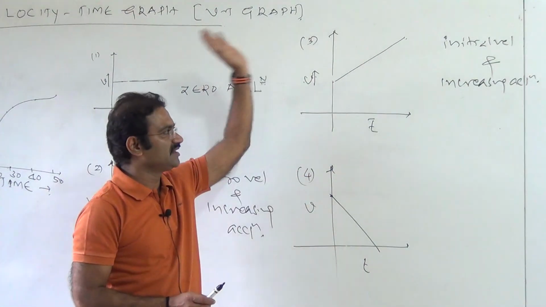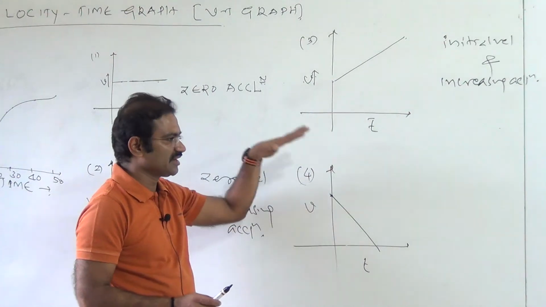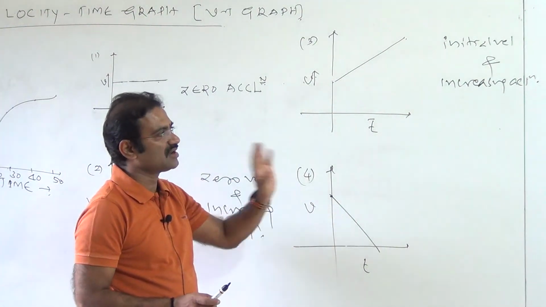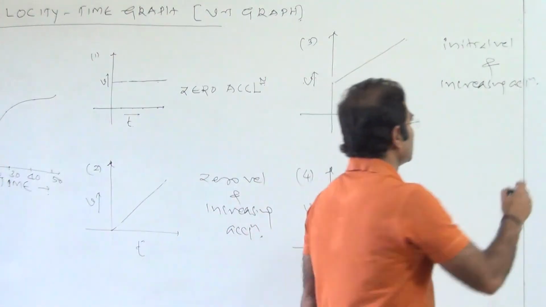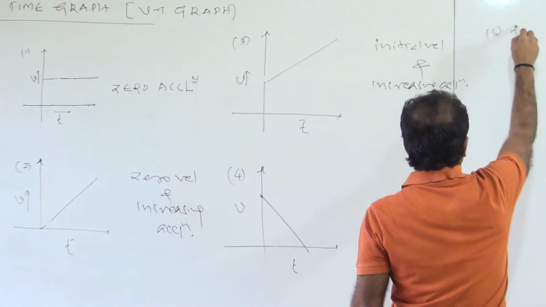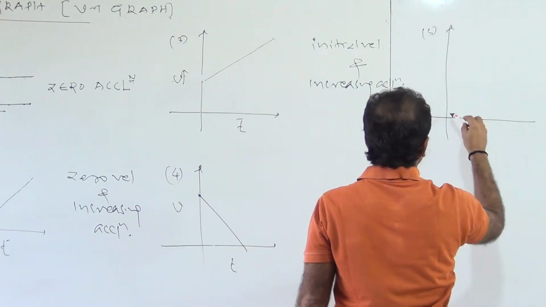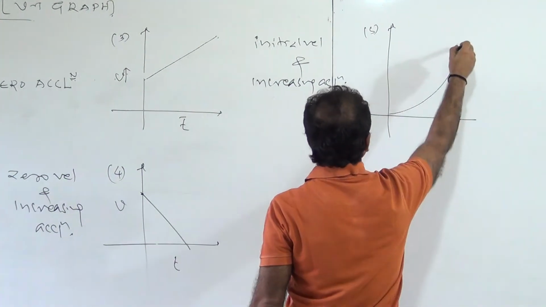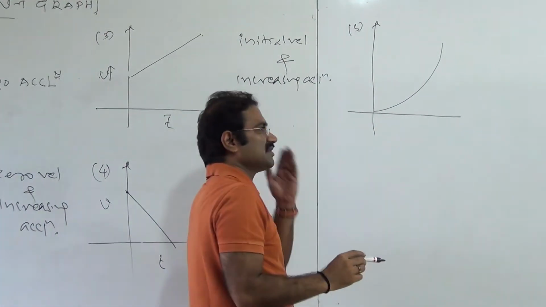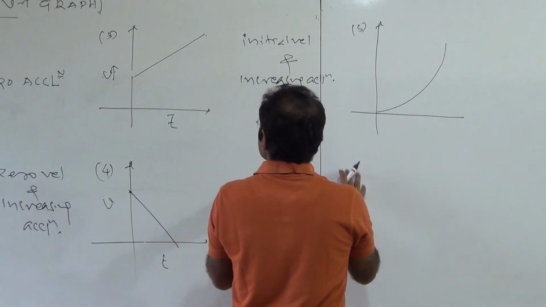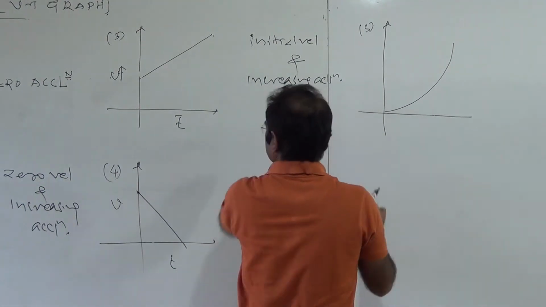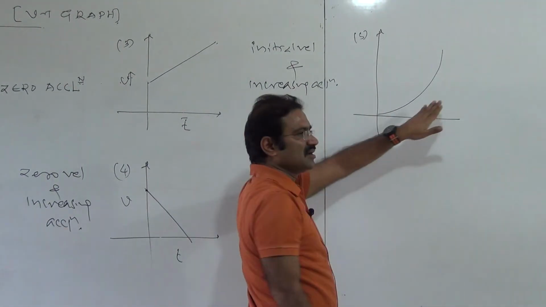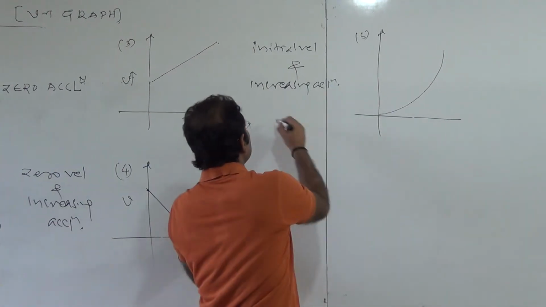This one is increasing, this one is decreasing velocity, and hence the acceleration also decreases. Fifth one, this is the case where the particle has increasing acceleration, but uniform acceleration. The difference between these two is, it is acceleration, but this one is uniform.